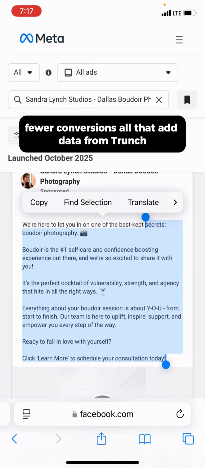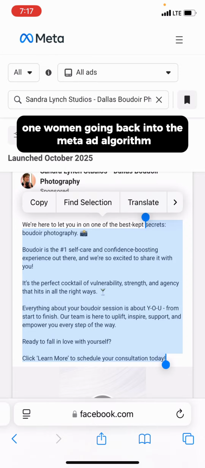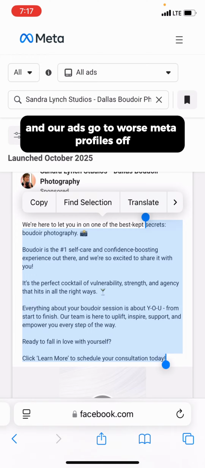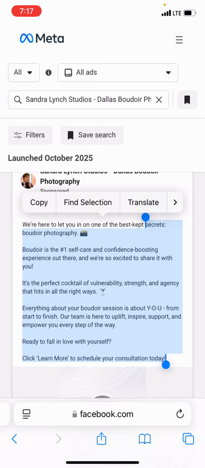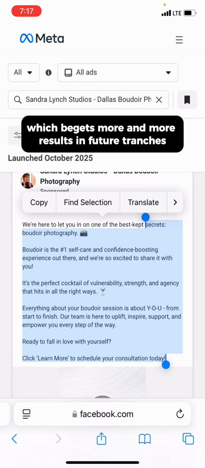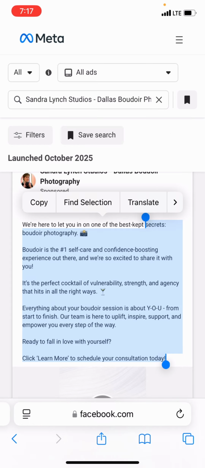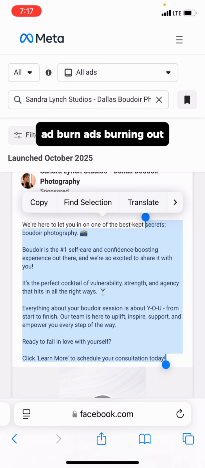All that ad data from tranche 1 women goes back into the Meta ad algorithm, and our ads go to worse Meta profiles, off the rip, for converting in tranche 2. So same ad spend, worse results, and which gets worse and worse results in future tranches, downward spiral of despair, ads burning out, ads flaming out, ads dying out, refresh creative.